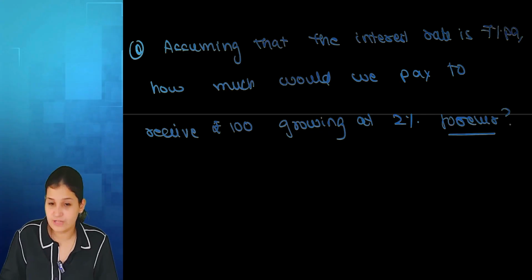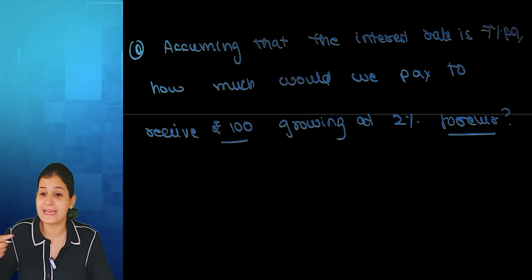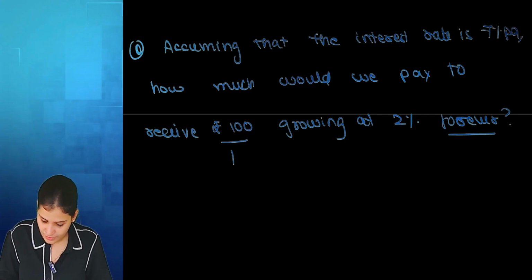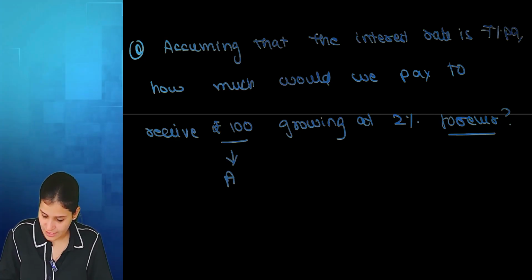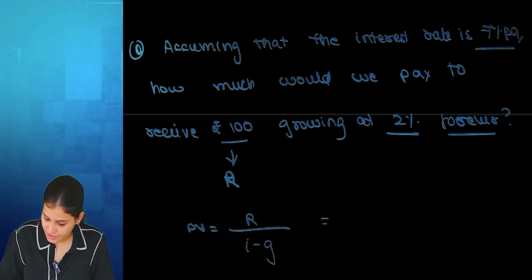See, the word forever says it's perpetuity. You want the sum of rupees 100 again and again, right? Receive this forever. So this is the annuity, R, this is the growth rate, and this is the interest rate. So when we find the present value, it will be R over I minus G, 100 over the net rate.